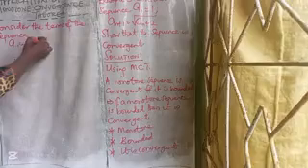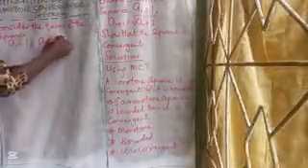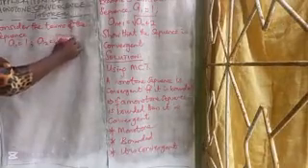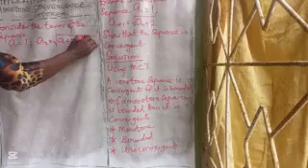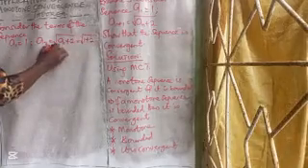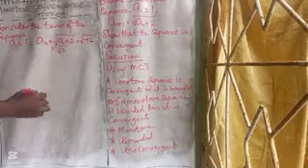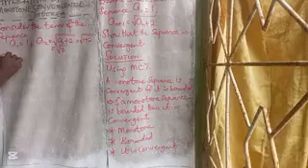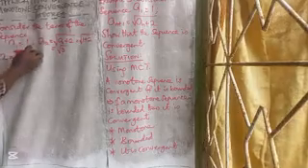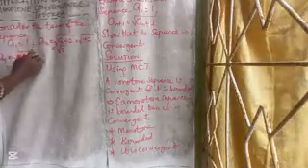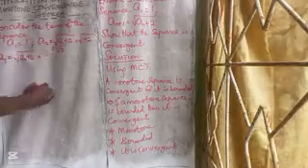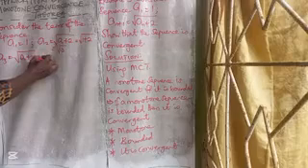a1 is 1. a2 will be equal to what? The square root of a1 plus 2, and that is the square root of 1 plus 2. That is the square root of 3. a3 will be the square root of a2 plus 2, and that is what?